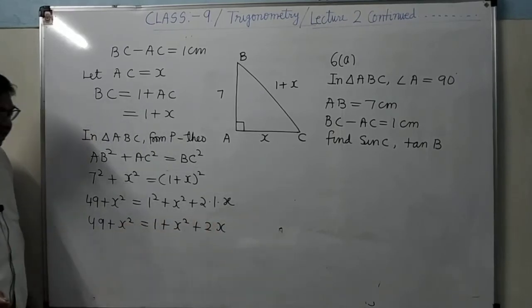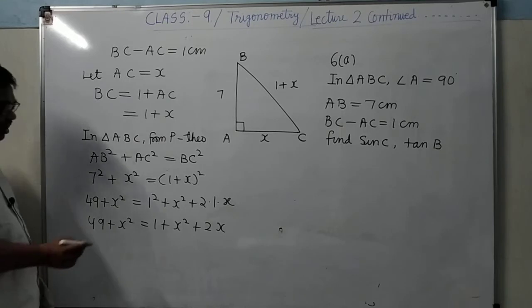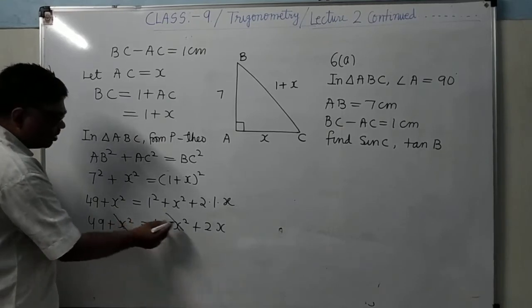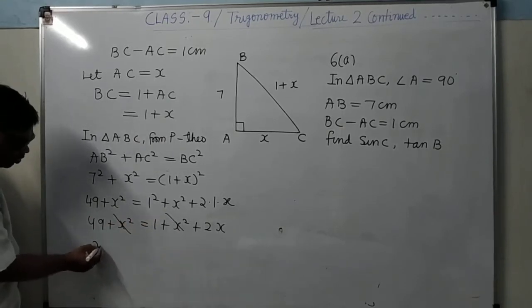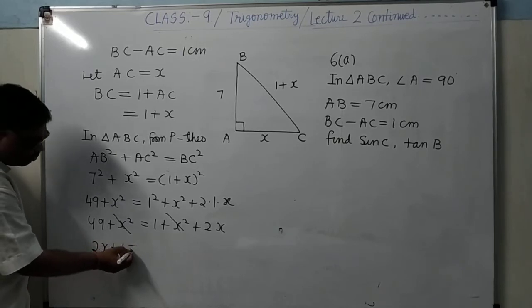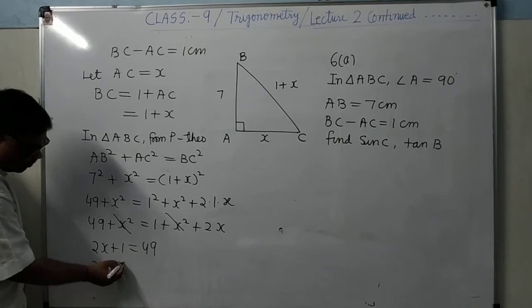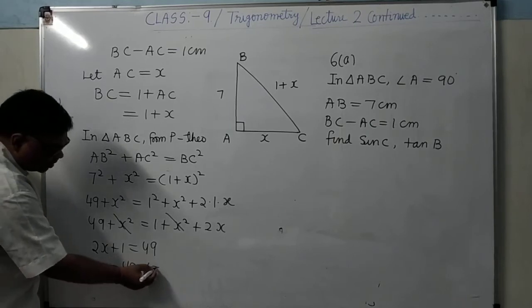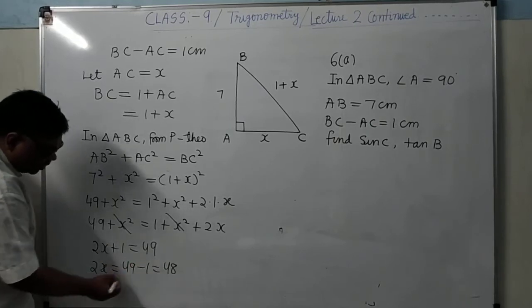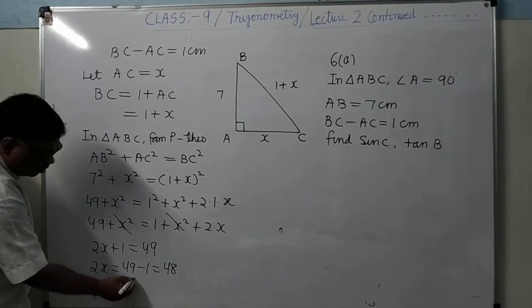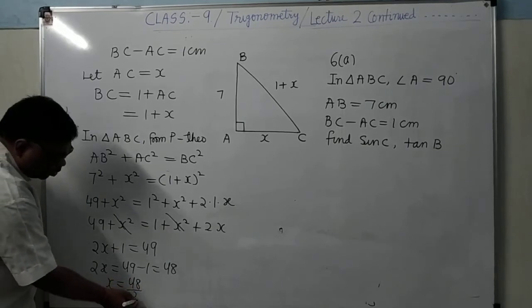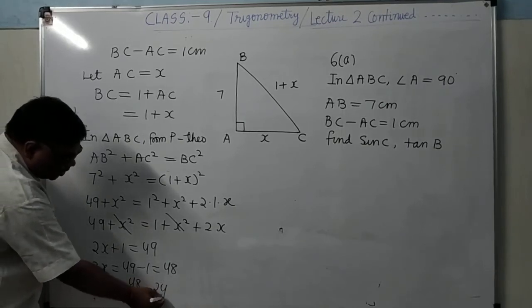X square is present on both sides, so you can cancel it. It becomes 2X plus 1 equals 49. So 2X equals 49 minus 1, which is 48. So X equals 48 upon 2, that is 24.